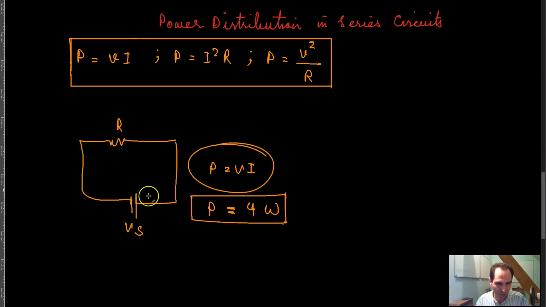For example, here you have chemical energy stored in your battery, and that chemical energy is being converted into heat in your resistor. So energy is being converted from one form to another.